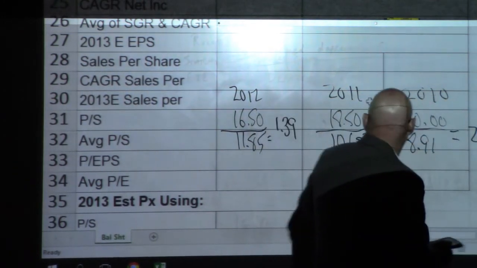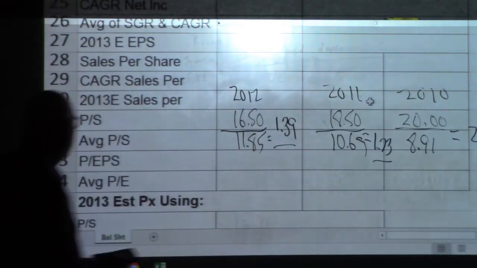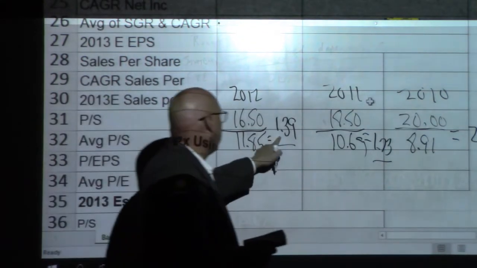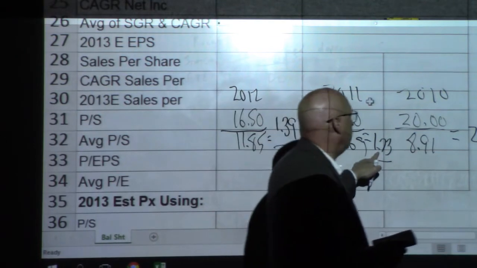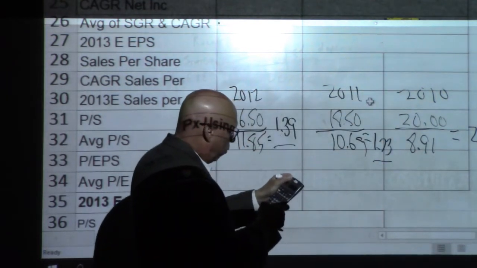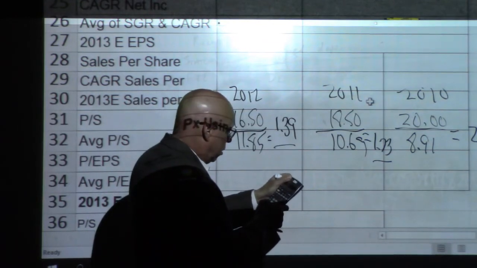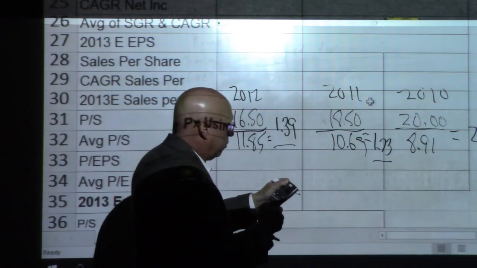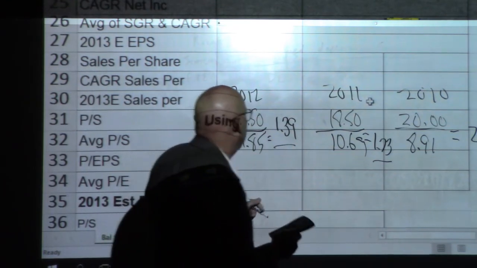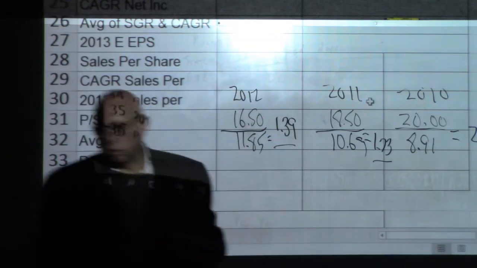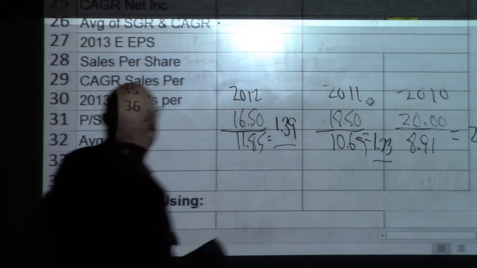So there, there, and there. Okay? All right, now let's find the average price to sales. So 1.39 plus 1.73 plus 2.24 divided by 3 is 1.79. So average price to sales is 1.79.